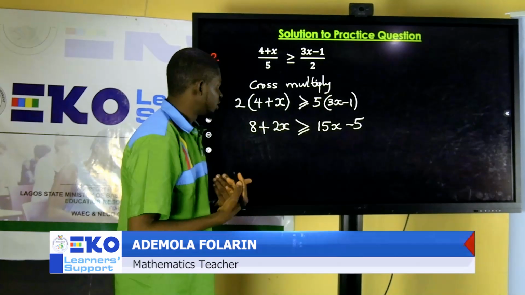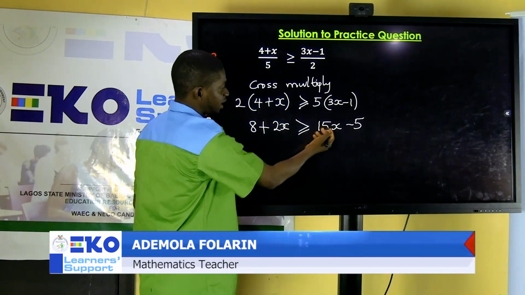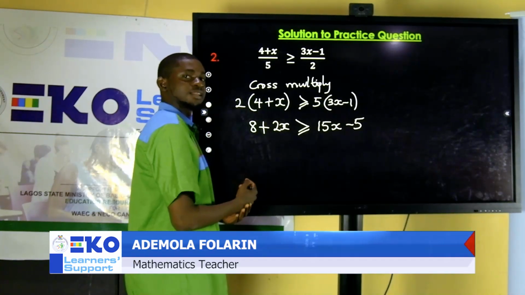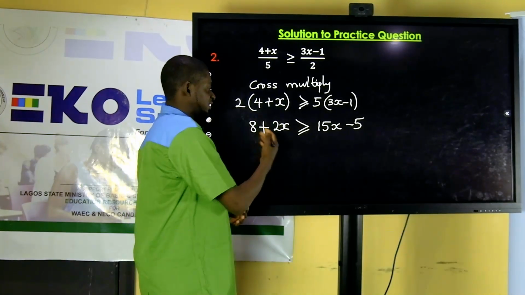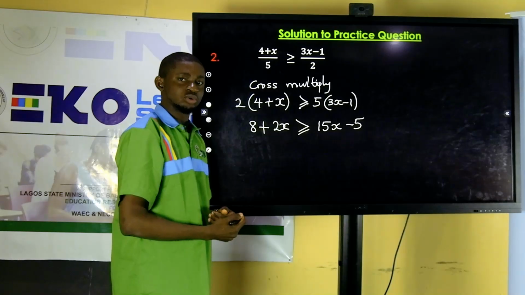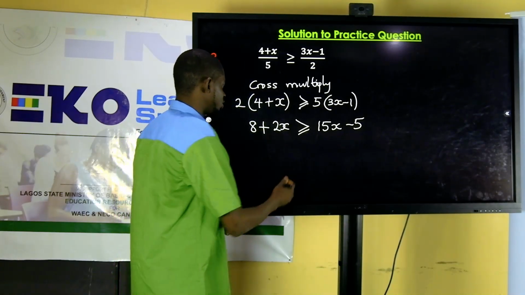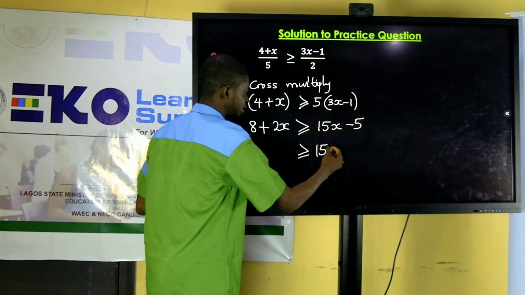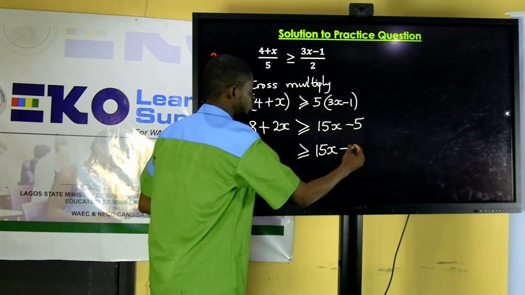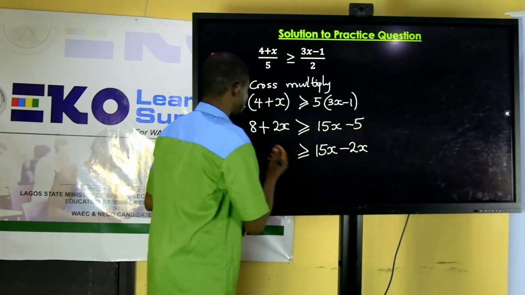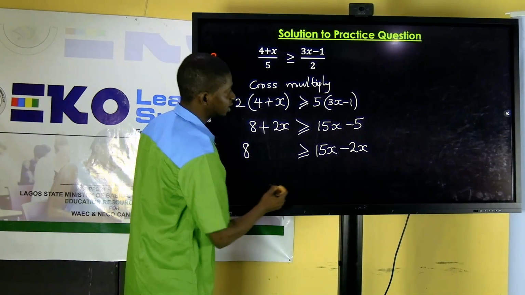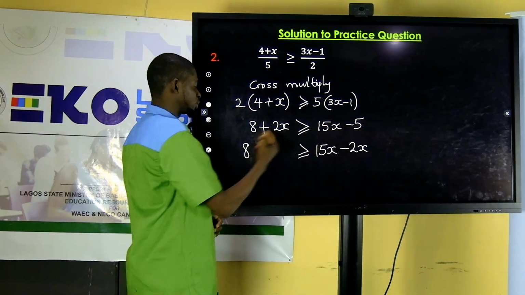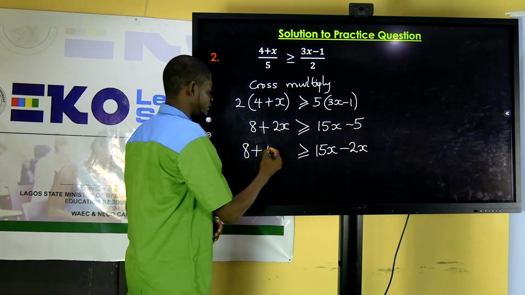You're free. For me, I would look like, okay, 15x is greater than 2x. Let 2x go to that side. So greater than or equals to 15x minus 2x. While this side, 8 remains here, and the 5 comes to this side, becomes plus 5.